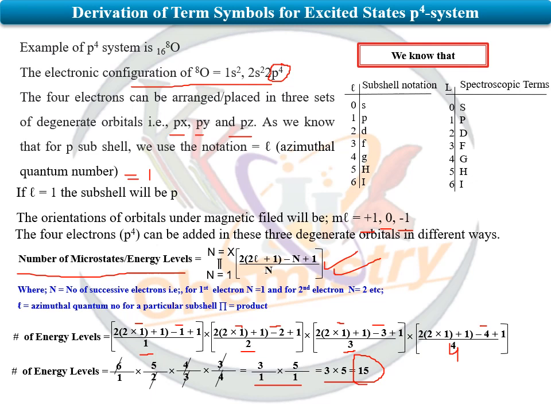Here this 15 means that we have 15 ways of arranging these electrons, just like we have done with the p2 system. So you can say that the p2 system is equal to p4, meaning in p4 we also have 15 possible ways of arranging these electrons. In p2 we also have 15 possible ways.